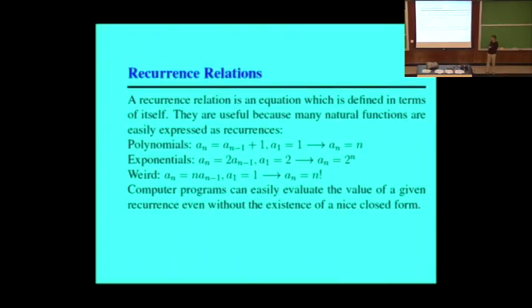If we start out, let's say the first term is 1, what's the second term going to be? 1 plus 1, or 2. What's the third term going to be? 2 plus 1, or 3. Does everybody see that? So this recurrence gives us the function a(n). And in fact, any polynomial can be built up as a recurrence. There is some recurrence that will generate any polynomial.